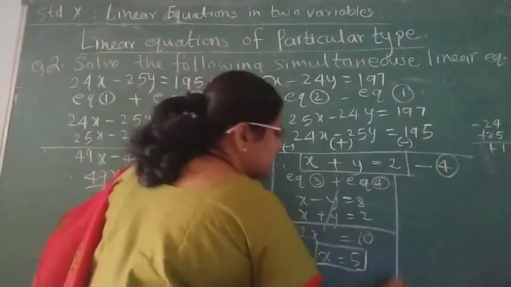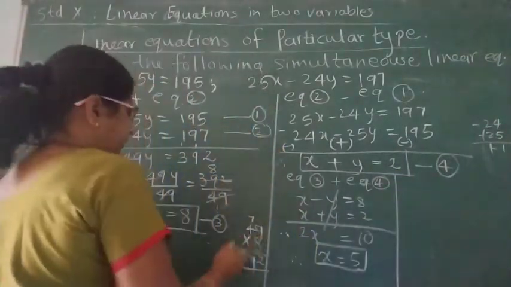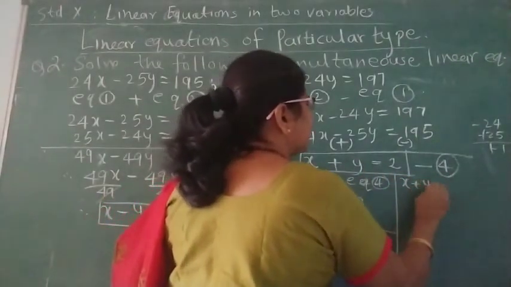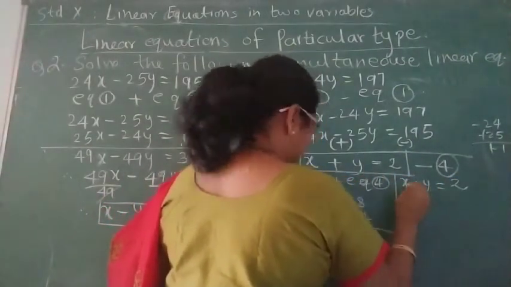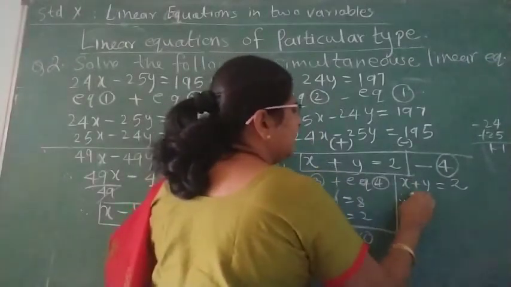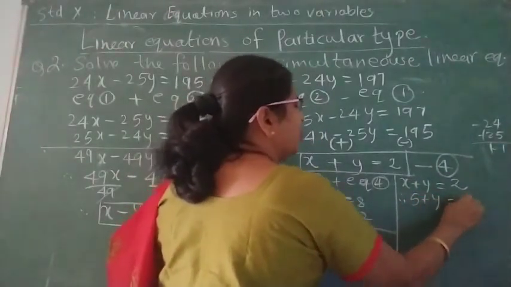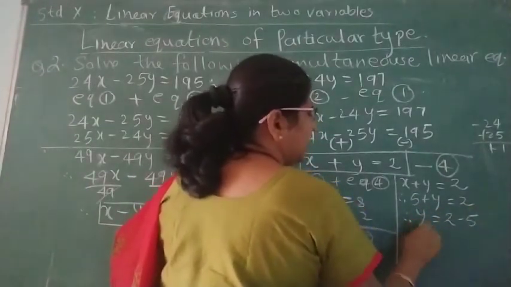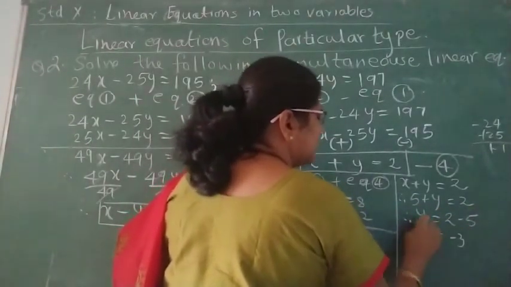And if we substitute this value of x in any one of the equations, preferably the one where we have a plus sign, so x plus y is equal to 2, substituting x is equal to 5 here, 5 plus y is equal to 2, hence y is equal to 2 minus 5, and that means y is equal to minus 3.